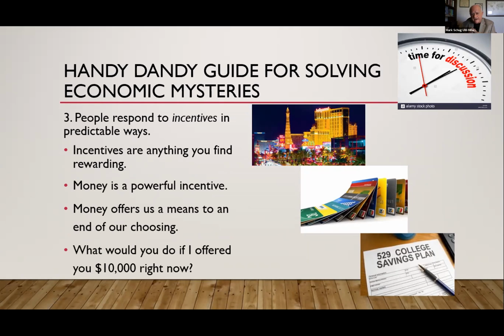Now we're back to the chat. If I were to offer you $10,000 right now, imagine you just got an inheritance of $10,000. Literally, given who you are right at this moment, what do you think you would do with it? Let's see, what would I do with it?